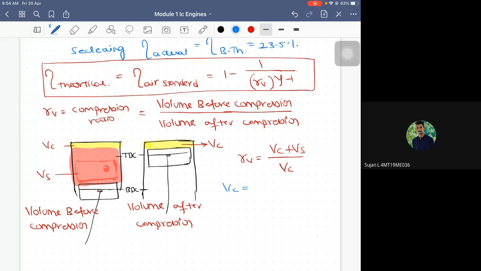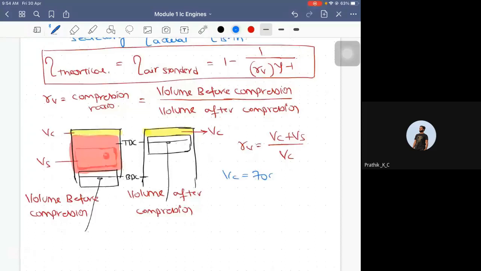How much is that? 70 centimeter cube, and he says it is per cylinder. So how many cylinders do I have? 4. So it is 70 cross 4 centimeter cube totally. Now, I need centimeter cube to be converted into meter cube. So, what should I do?